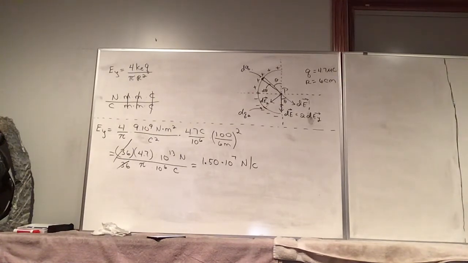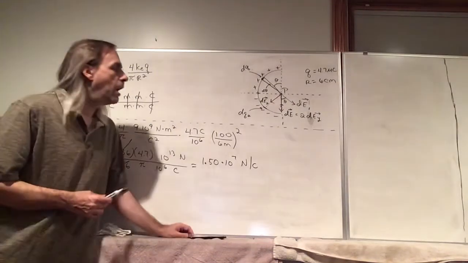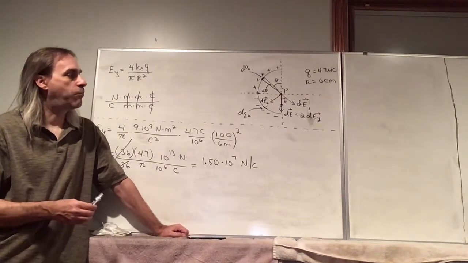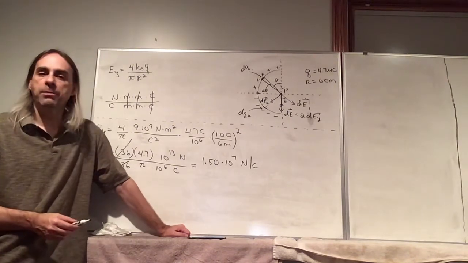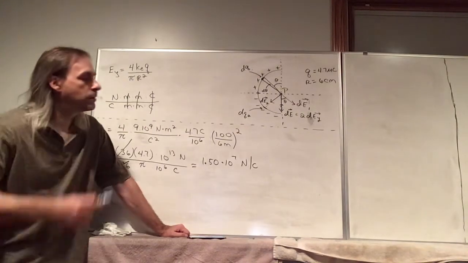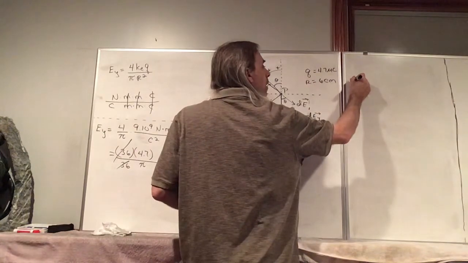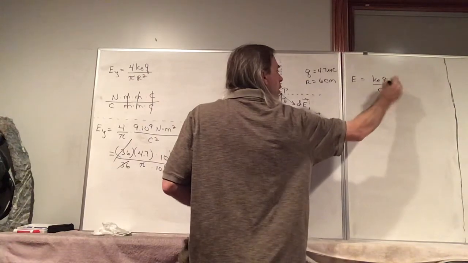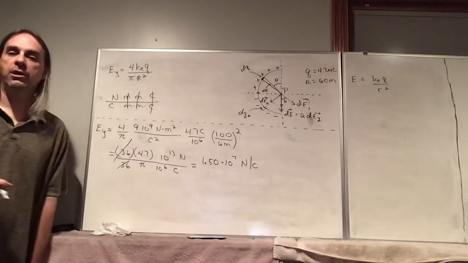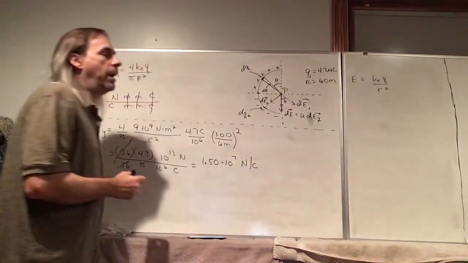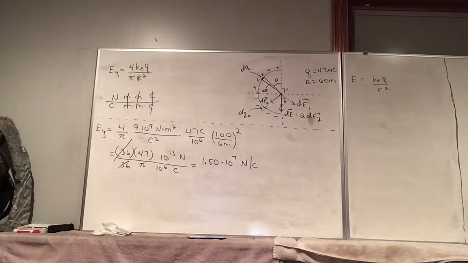So, yeah, I just wanted to do a problem with a continuous charge distribution. Normally when you have point charges, we have linear superposition. We know the electric field due to a point charge, that'd be the magnitude of the electric field. We can find the electric field due to an individual point charge, and then just add them all up using linear superposition.